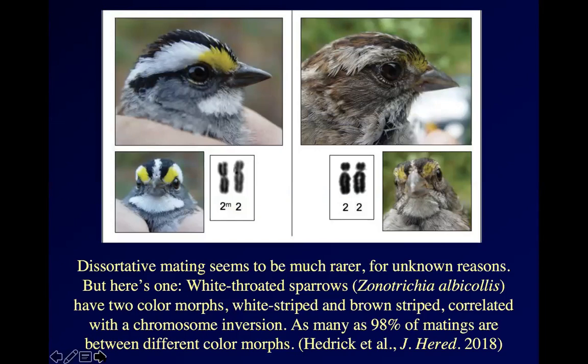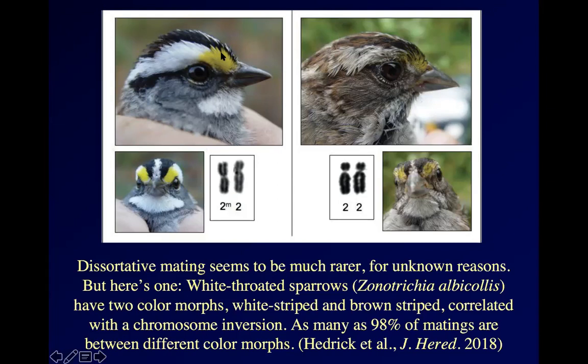If you look carefully at the chromosomes of the brown striped ones at the lower right, those two chromosomes look identical, and you can see the centromere is in the same place. If you look at the white striped, the allele for white stripes is dominant, but it's expressed because one of those chromosomes actually has an inversion.